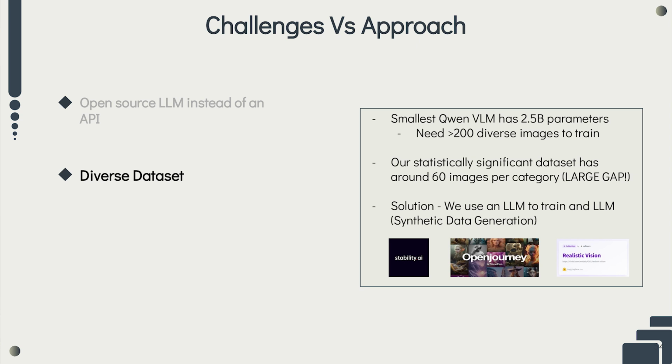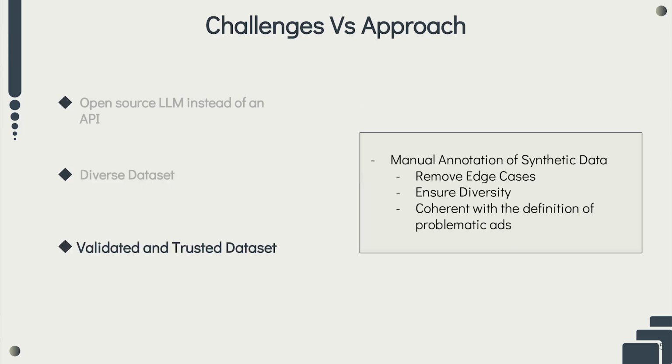And Open Journey, which is a spin-off from Midjourney, is pretty good at generating flashy or substandard ads, where you need fewer guardrails. Then this synthetically generated data set was again validated through human annotators to remove the edge cases and ensure that the ads are coherent with our definition of problematic ads.